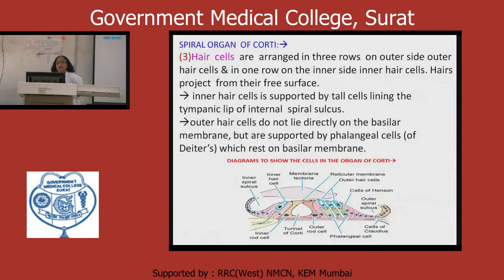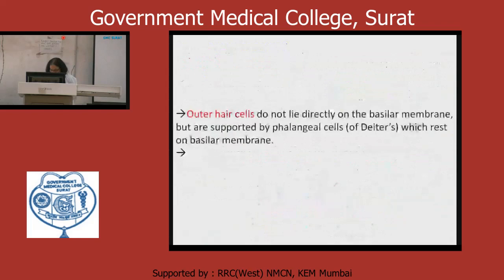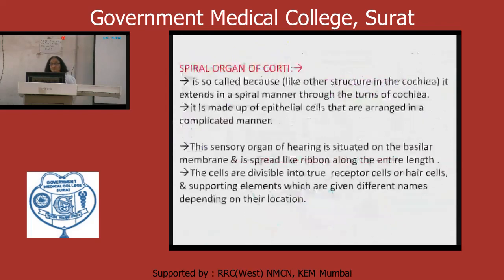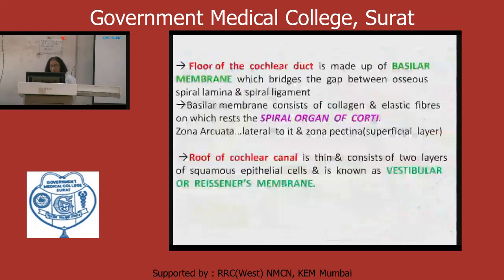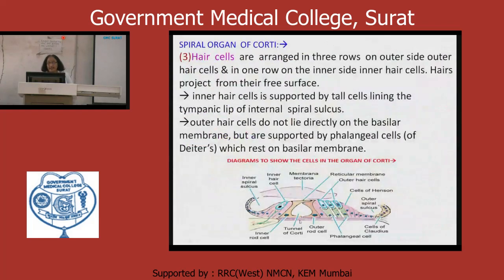Now, the spiral organ of Corti gives rise to the cells called hair cells. Hair cells are arranged in 3 rows. We can see in the given diagram the basilar membrane on which the spiral organ of Corti is located. Centrally is the tunnel of Corti, which we discussed, between the inner rod cells and the outer rod cells.